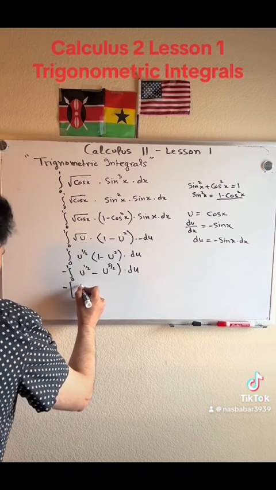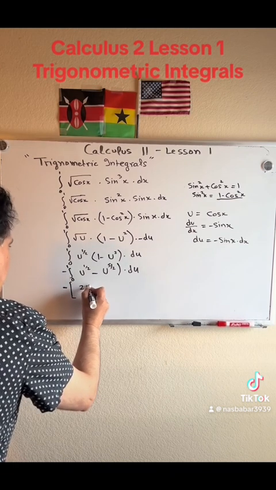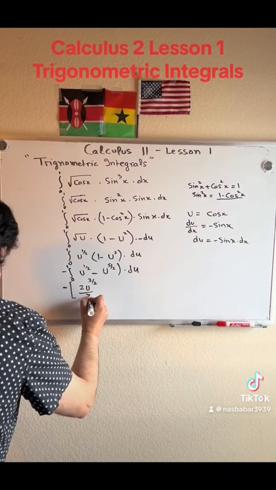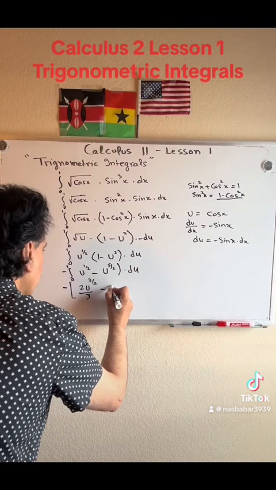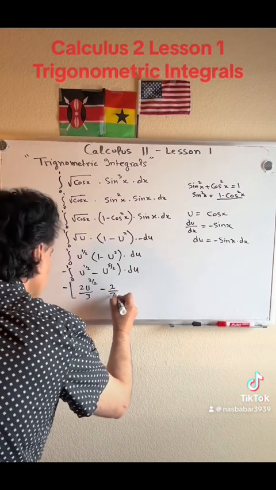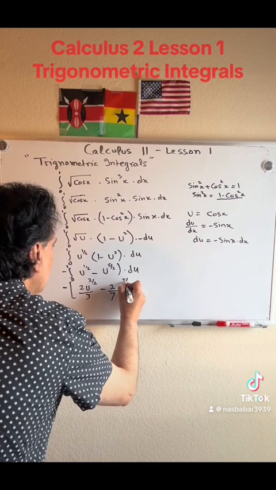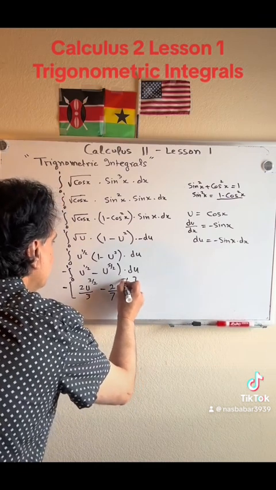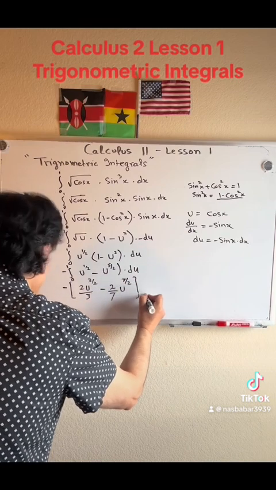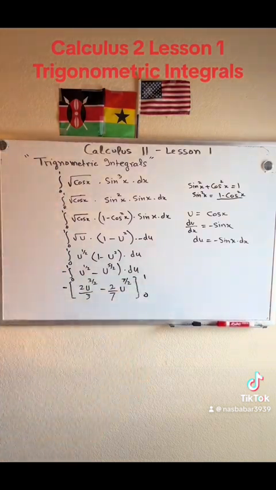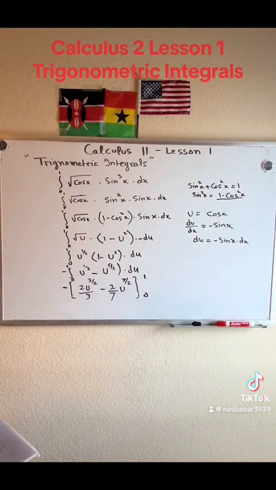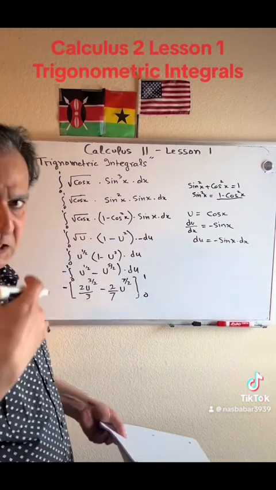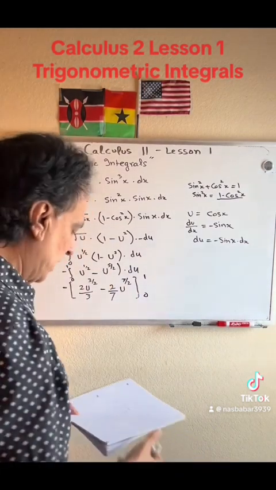So then we get 2u to the 3 over 2 over 3 minus 2 over 7 u to the 7 over 2, and we are going to limit this from 0 to 1. All right, easy peasy, not that hard. All I'm doing is taking the integral with the techniques which we have shown you numerous times.